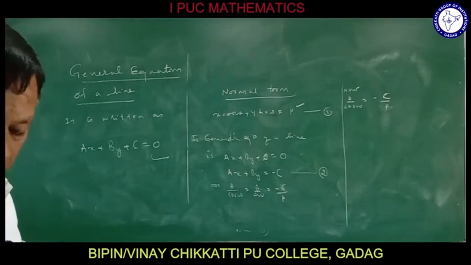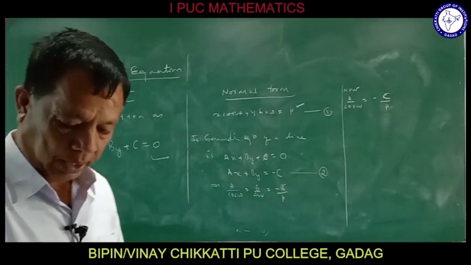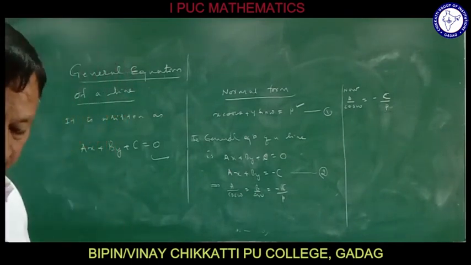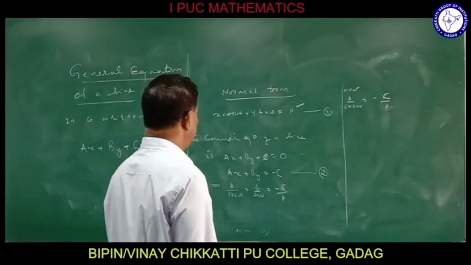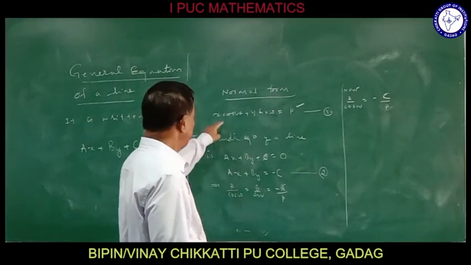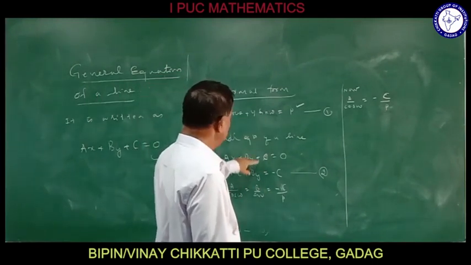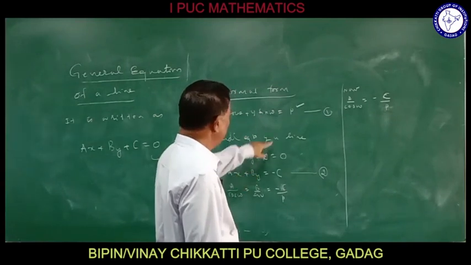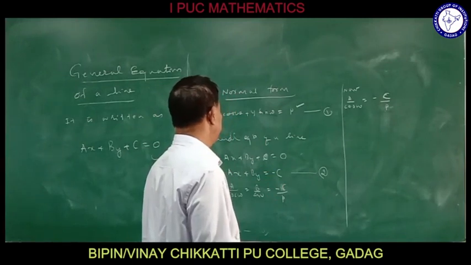When you see these coefficients, in the equation ax plus by, comparison: cos omega, here is a, sin omega, here is b, and here p is there, and here is c.